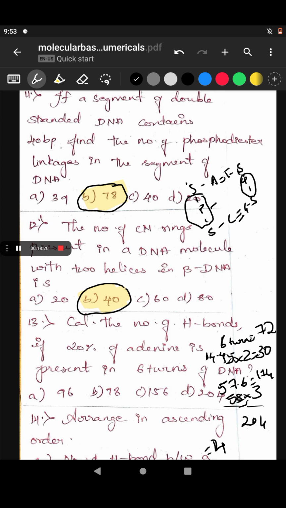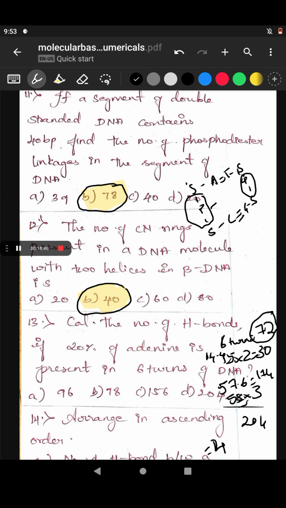Here, based on the options, we have to consider it as 12 base pairs. Let us assume that it's Z DNA. So 6 into 12 is 72. So totally 72 base pairs are there in 6 turns, of which 20% of 72 is 14.4.